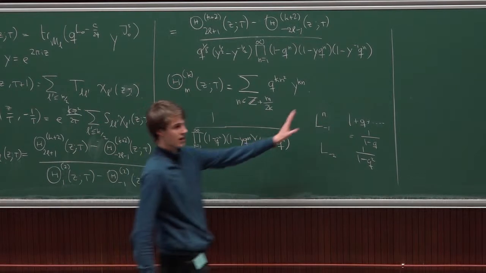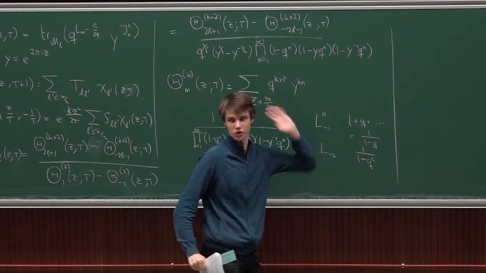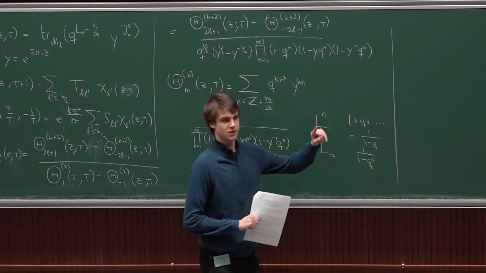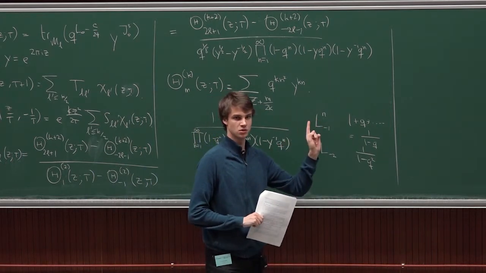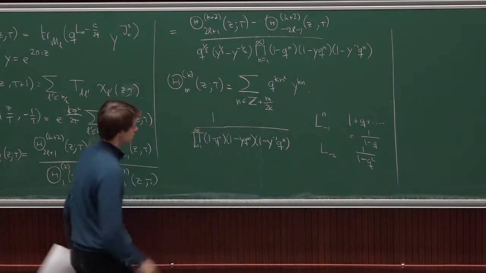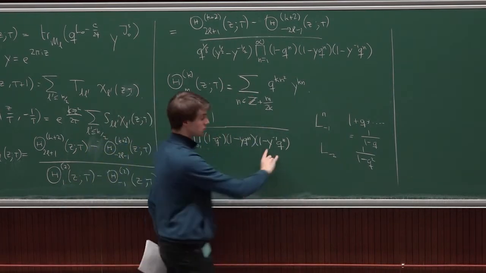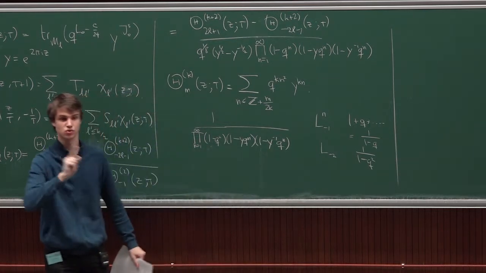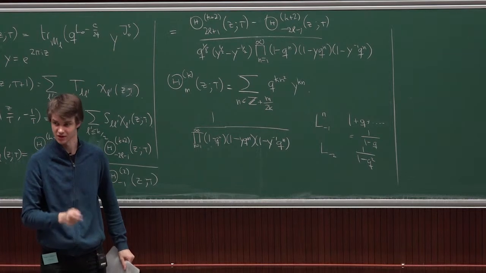So now we don't have the L's, but we should work in terms of the J's. And we have three kinds of them. We have the J plus, the J3, and the J minus. And with any of those, we can act as many times as we want. That's why we get the three terms now. You see that one is coming without y, because it's not changing the SU2 charge, the J3 eigenvalue.